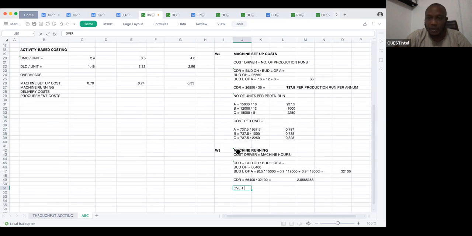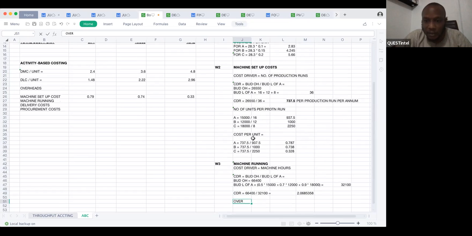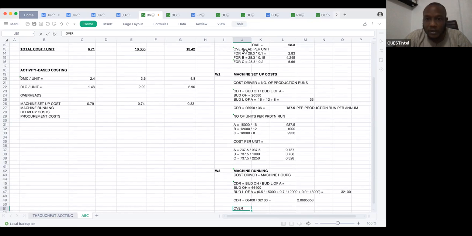How did we call it? I want us to maintain similar terminology, so that we call this cost per unit. We'll call this one overhead per unit. So let's call it overhead cost per unit, and call this one overhead cost per unit, so that we know we're talking about the same thing. It's just two different ways of doing this, which is the hardest thing for you to remember in ABC.